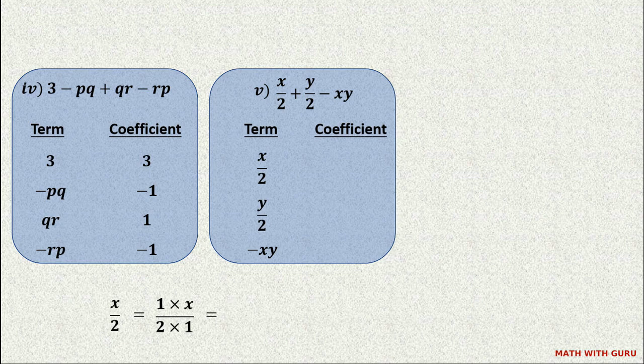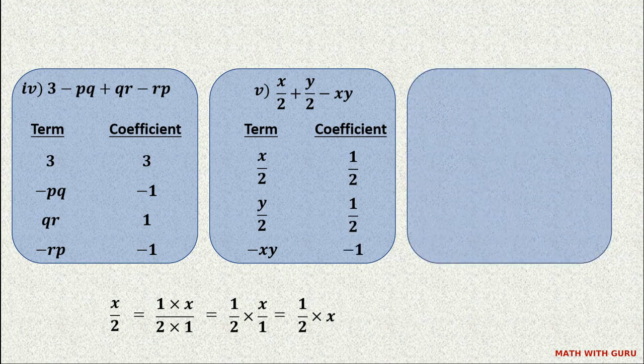This can be split as 1 over 2, 1 half, into x over 1. x over 1 is x, therefore 1 half into x. What is the numerical coefficient here? Obviously it is half. For y by 2, again the numerical coefficient is half. Minus xy means minus 1xy, therefore it is minus 1.